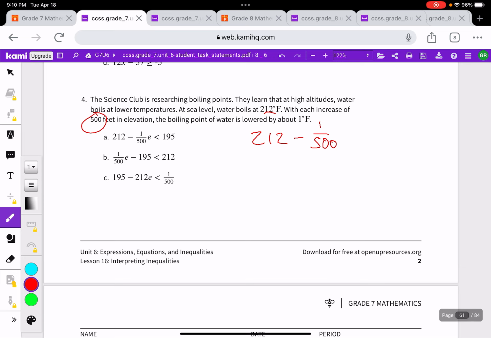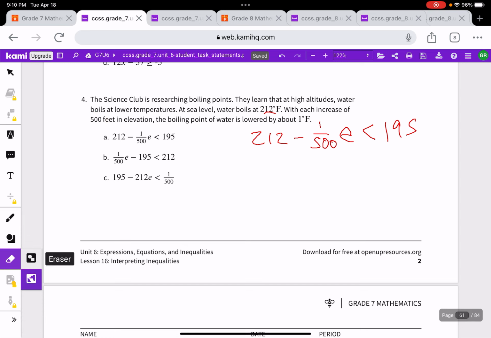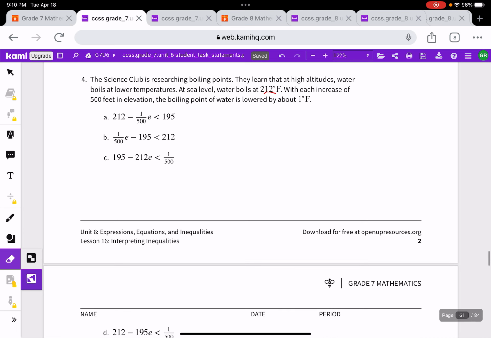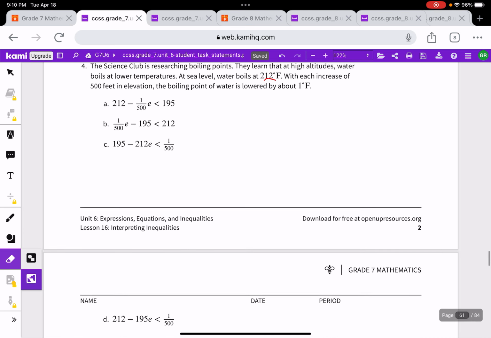So every foot is 1/500th of a degree. And that's going to be less than 195. So the correct answer for 4 is A. A would be the right answer.